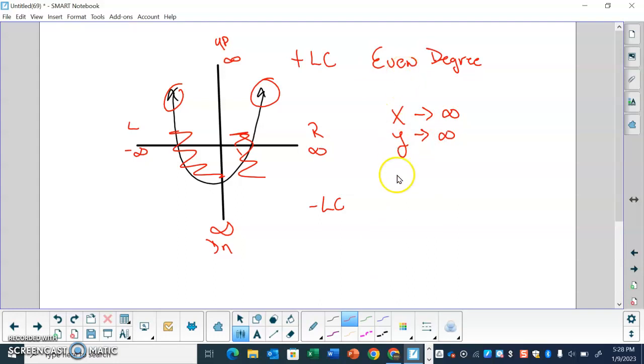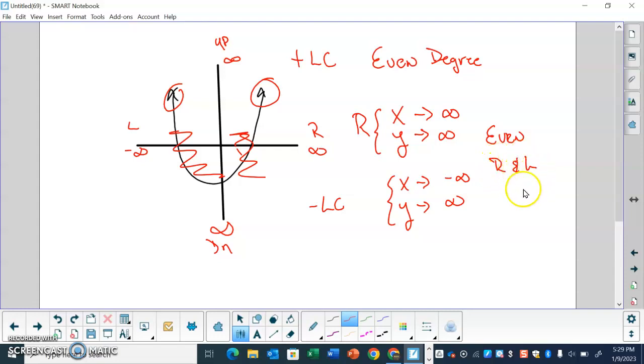And since it is an even function, that tells me the left side, which is negative infinity, is also going to be going up. So even is the same. If they're even, right and left end behaviors, I'm just going to say EB for end behaviors, are the same.